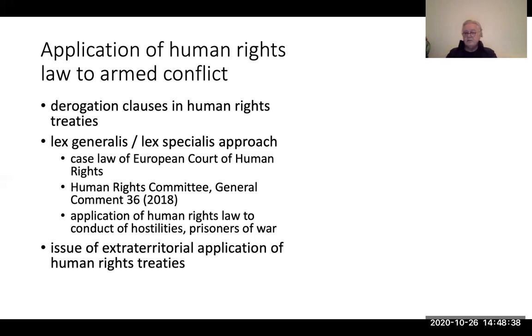And there were judgments against the UK for the conduct of its forces in the parts of Iraq that were occupied. Indeed, when the occupation regime was created in Iraq in 2003, it was a joint enterprise of the British and the Americans, who were the two main armies who fought the war in Iraq.